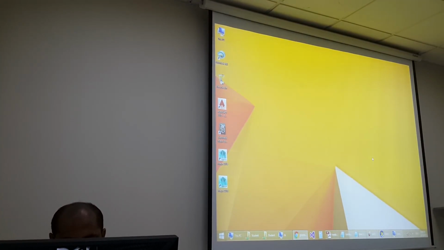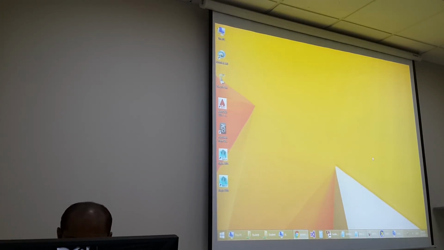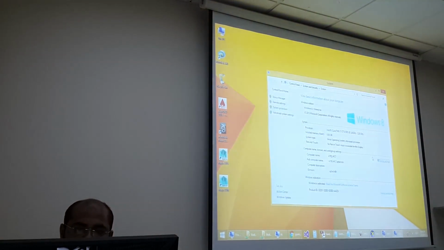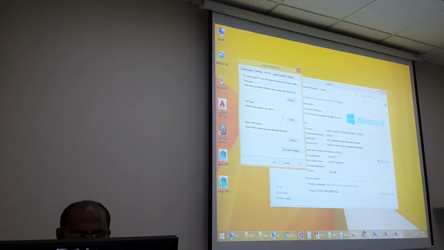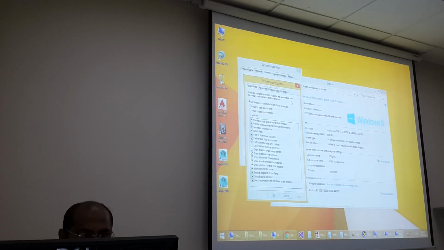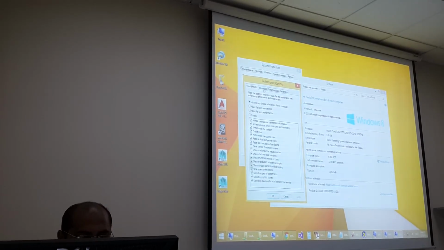But if you want to specifically say, let me just go to the system properties. Another shortcut, right? Windows key and Pause Break. Or you can right click the computer properties. You go here, advanced system settings, and then Performance settings, Advanced.